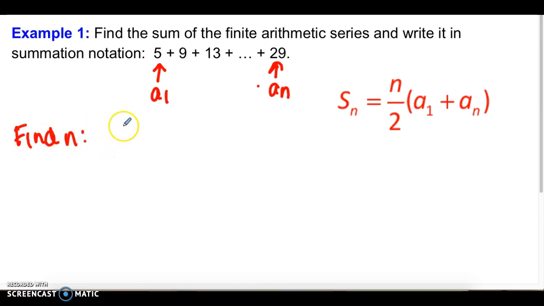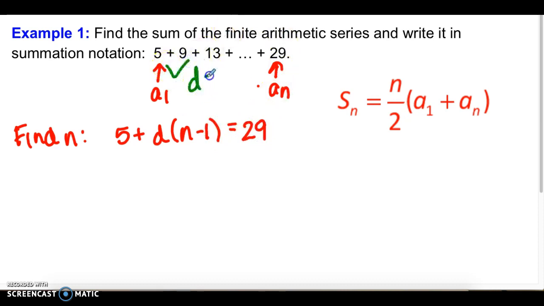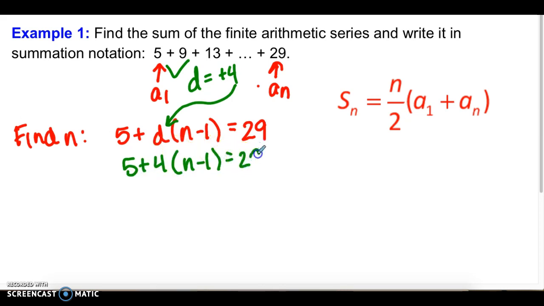We know that if we take 5 and add some common difference, n minus 1 times, we're going to get 29. If we look up here, we can see that our common difference equals a positive 4. So we're going to do 5 plus 4 times n minus 1 equals 29.